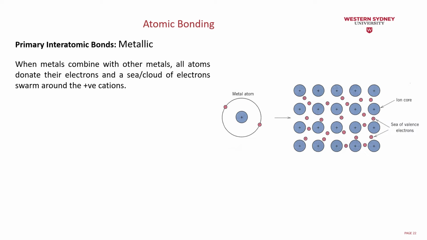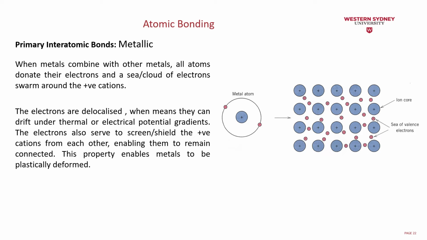Now, the other type of interatomic bond is the metallic. When metals combine with other metals, all the atoms unite their electrons, and we have a sea or cloud of electrons swarming around the positive cations. The electrons are delocalized, which means they can simply drift under thermal or electrical potential gradients.